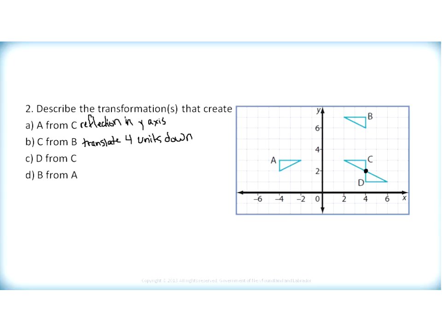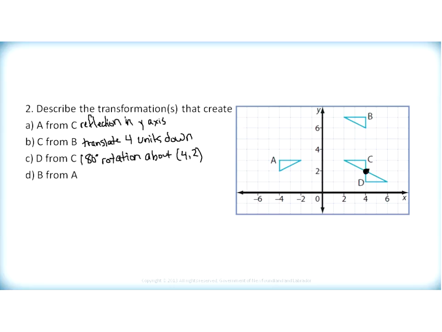And C gets rotated 180 degrees until we see D. There's another way we can describe that, but that's the way I'm looking at it right now. So I would say a 180 degree rotation about the point 4, 2. That's my center of rotation right here, 4, 2.